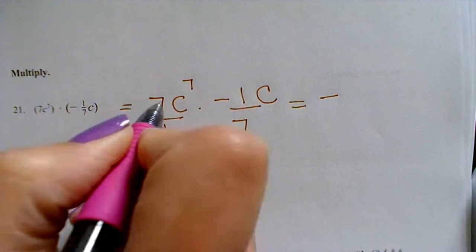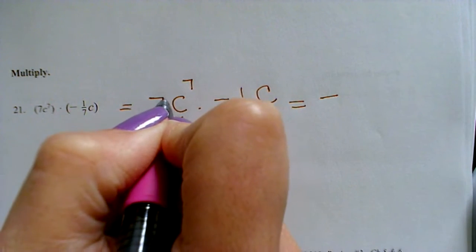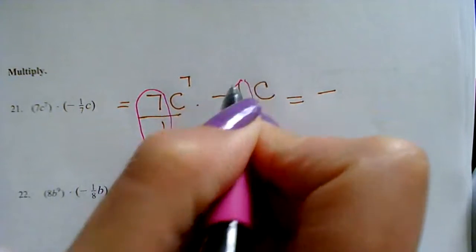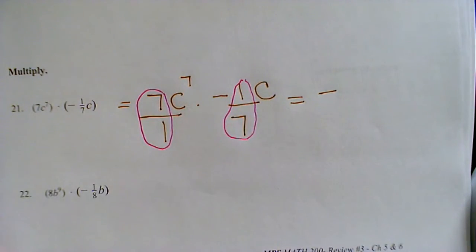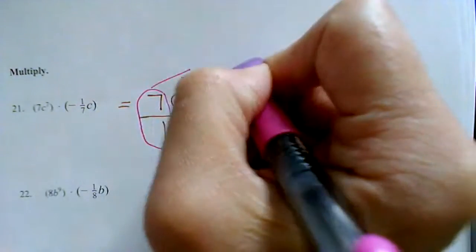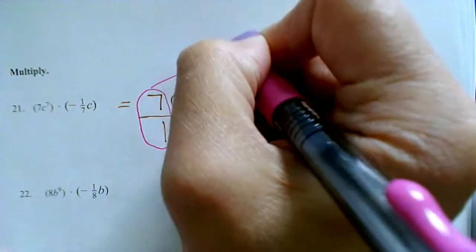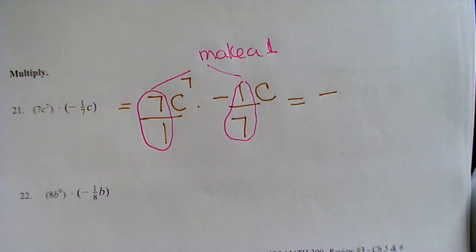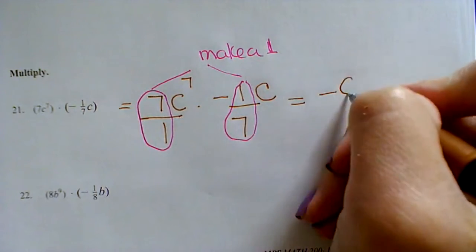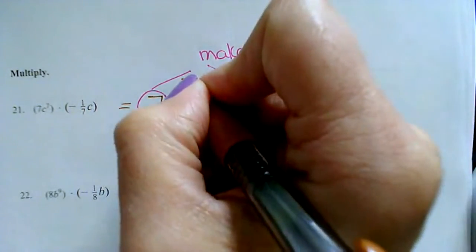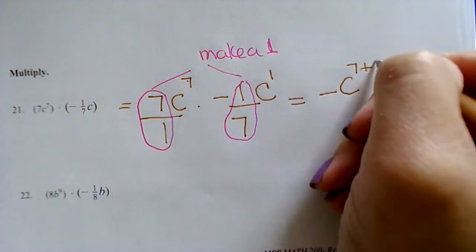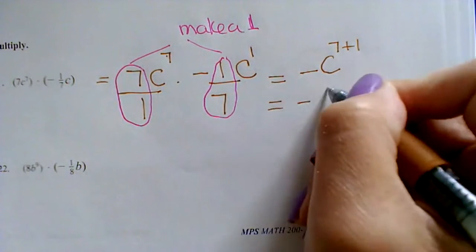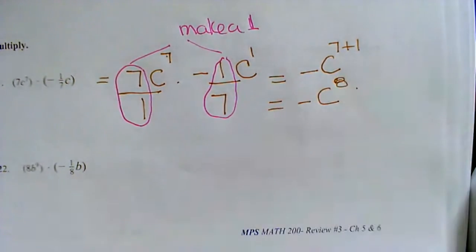Then right here, I'm making a 1. So that's 1. There we go, make a 1. So what I have left is c, 7 plus 1. So that's going to be negative c to the 8th power.